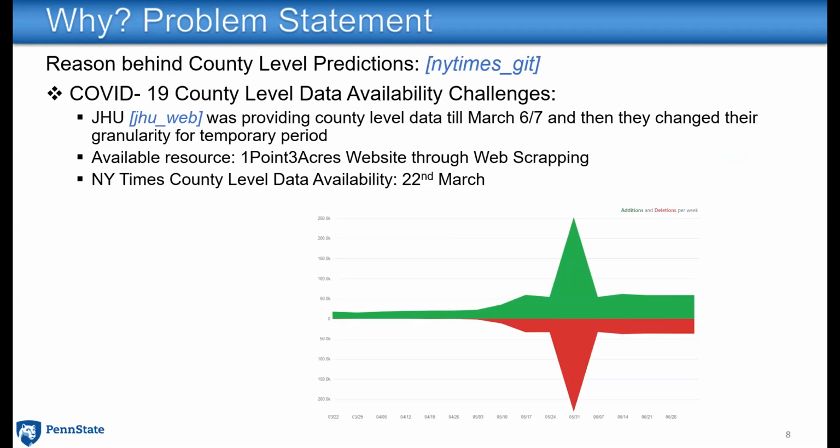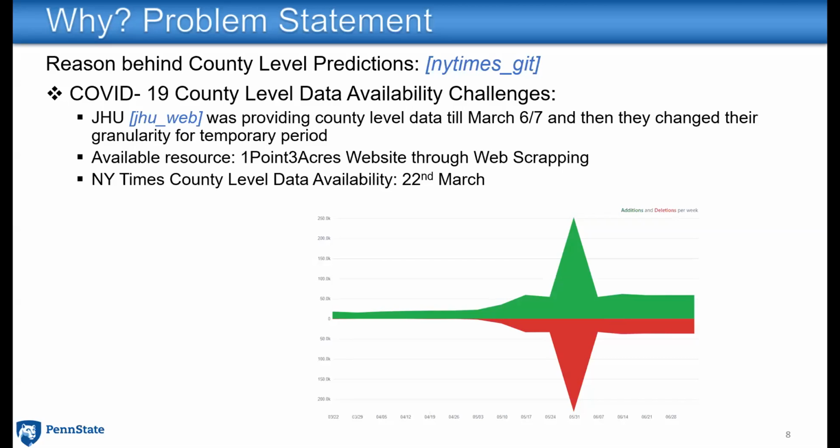So Johns Hopkins University was providing county level data till 6th or 7th March. And then on a temporary basis, they changed their granularity level. And the only available resource at that point was 1Point3Acres website, and that too through web scraping.